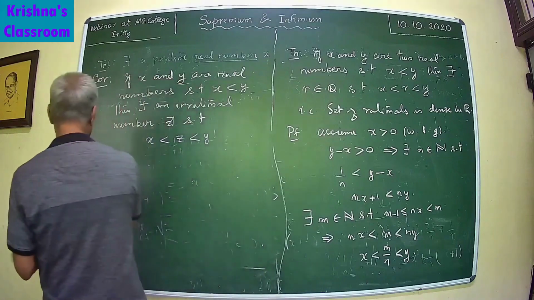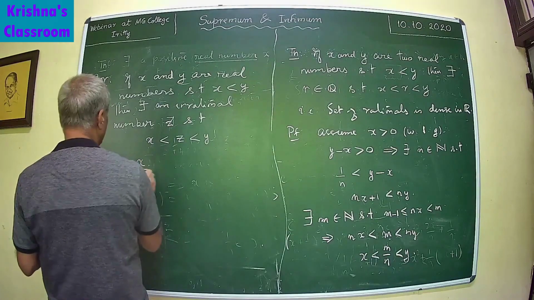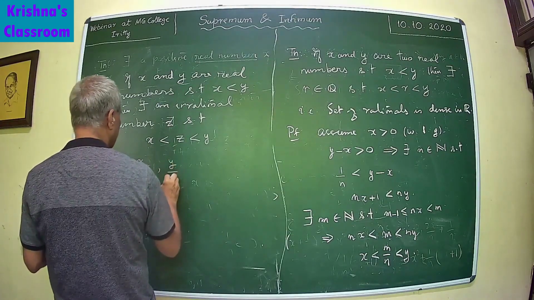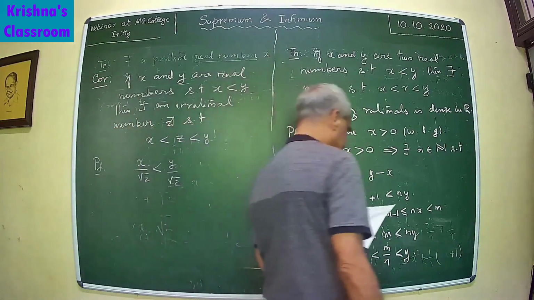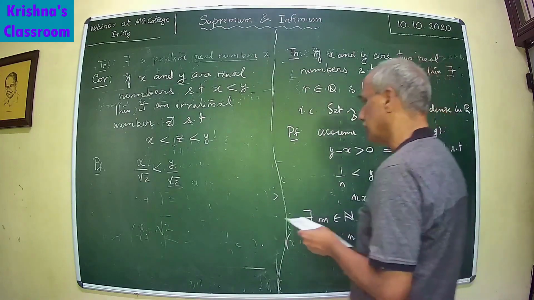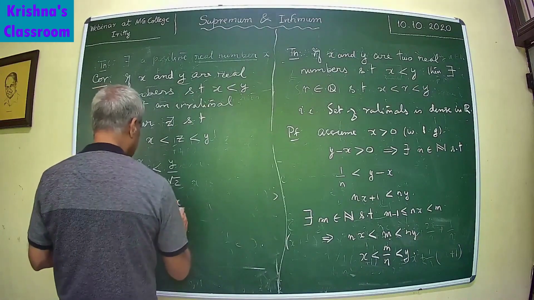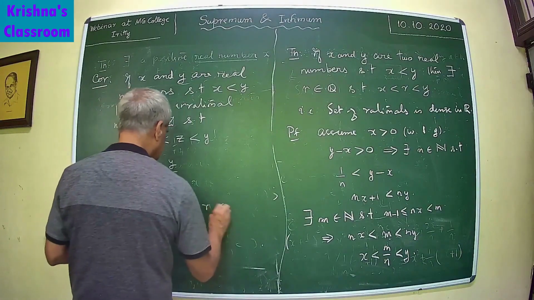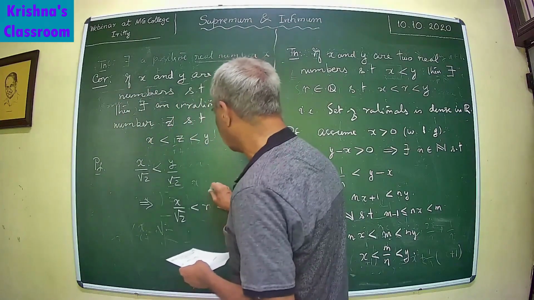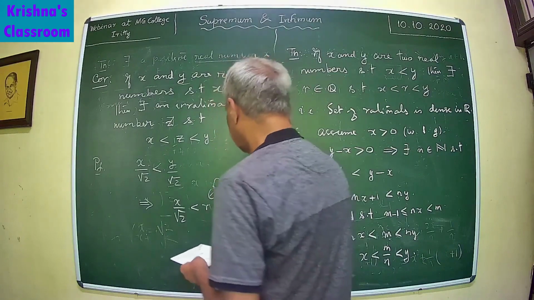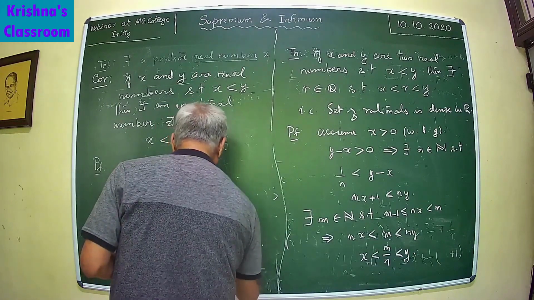The proof is amazing. You take x by square root of 2 and y by square root of 2. Then in between there is a rational number. Therefore, by the previous theorem, x by root 2 is less than r less than y by root 2. So what does this imply? x is less than r root 2, less than y.